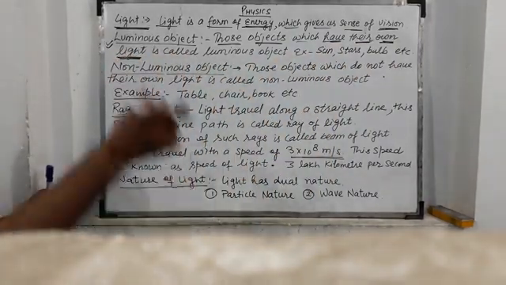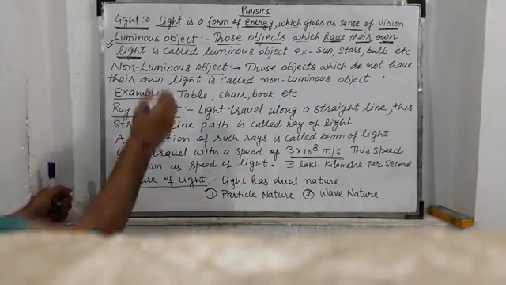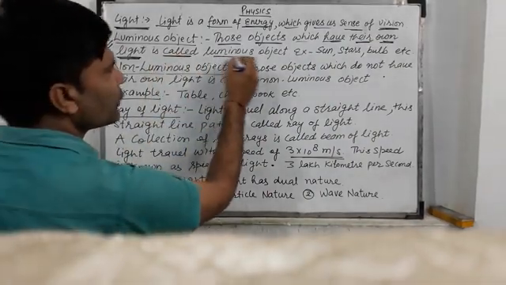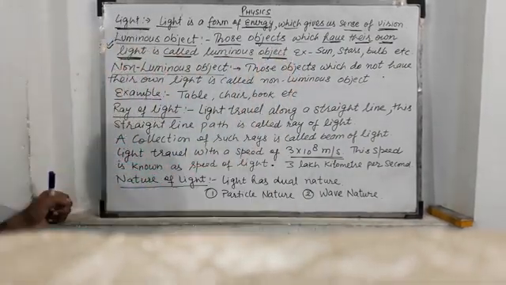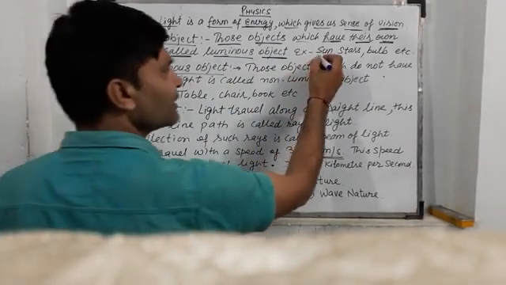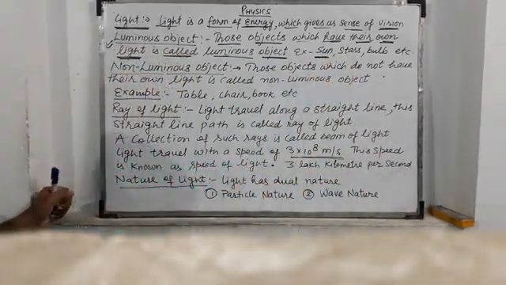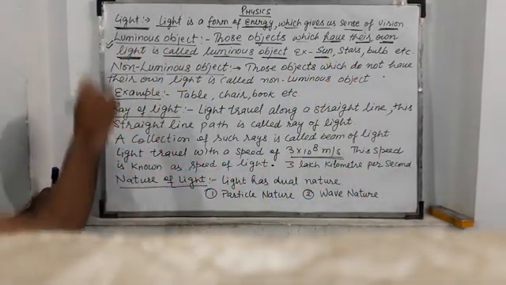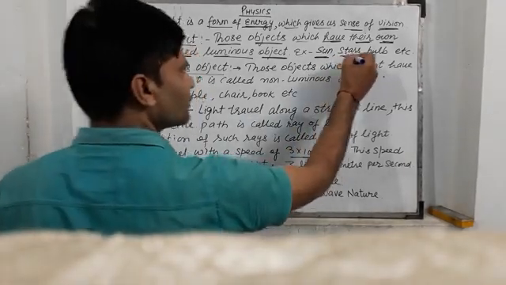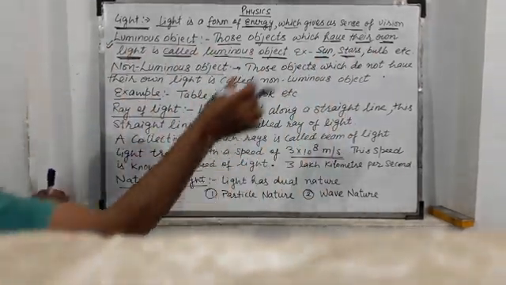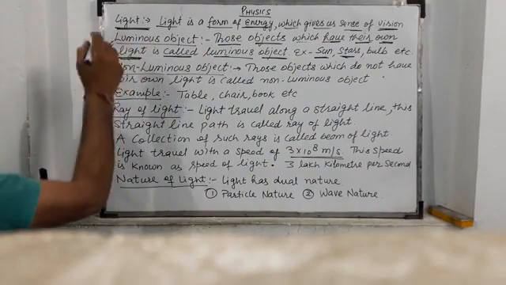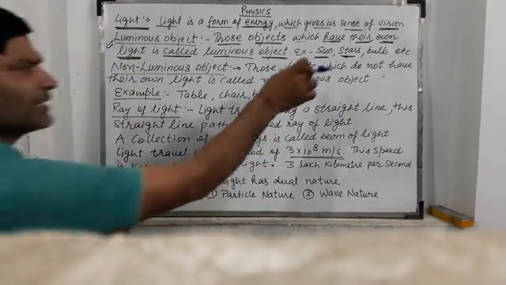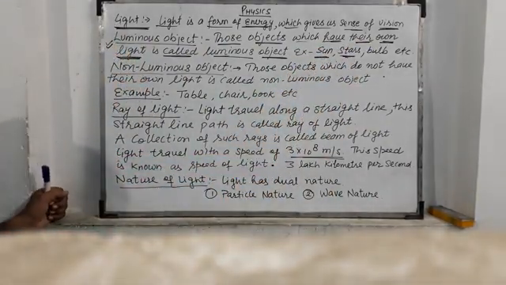For example, the sun has its own light, so it is luminous. Stars also have their own light, so they are luminous objects, and the sun is also a star.